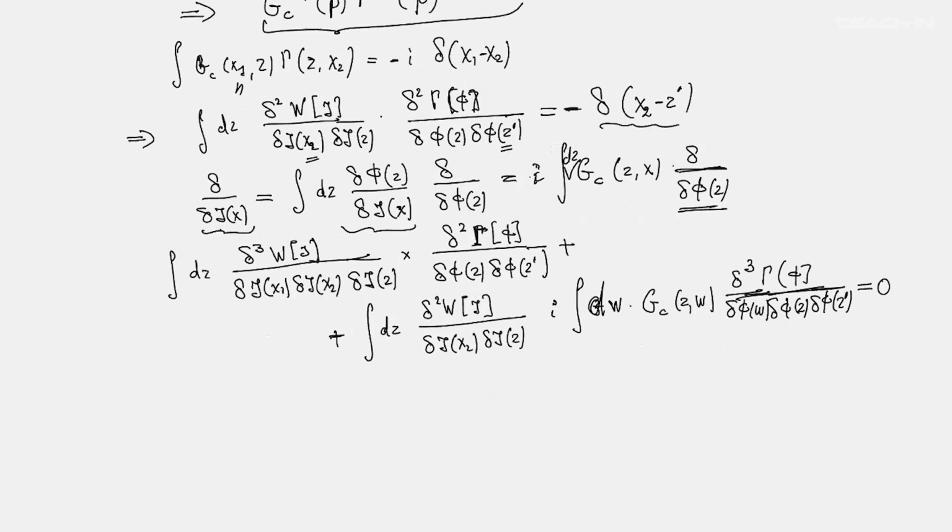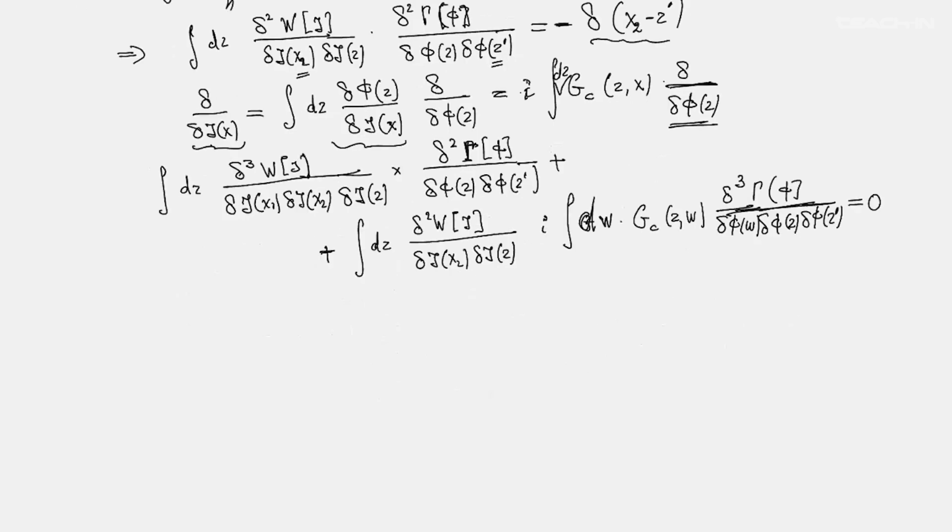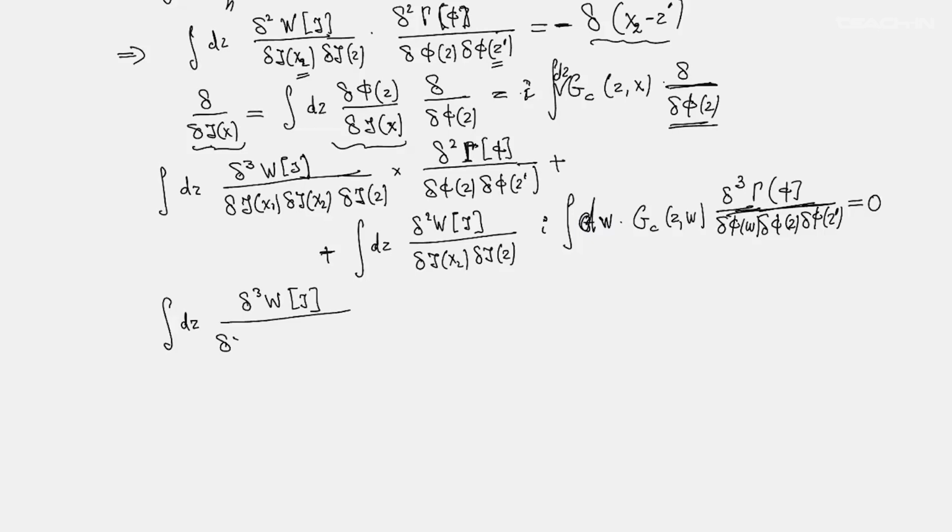So I get this functional relation. But then we see that in this functional relation I can write it in the following way. On the left-hand side, I have the third derivative of W, delta j x1, delta j x2, delta j z.